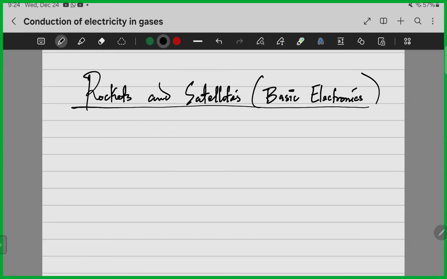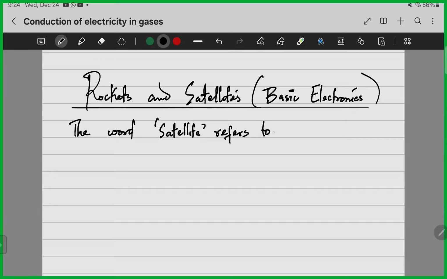It is good to start by saying what the word satellite refers to: a body orbiting a larger one. When you say orbiting a larger one, you mean moving around a larger one. So a satellite is a body moving around a larger one. That's the idea.